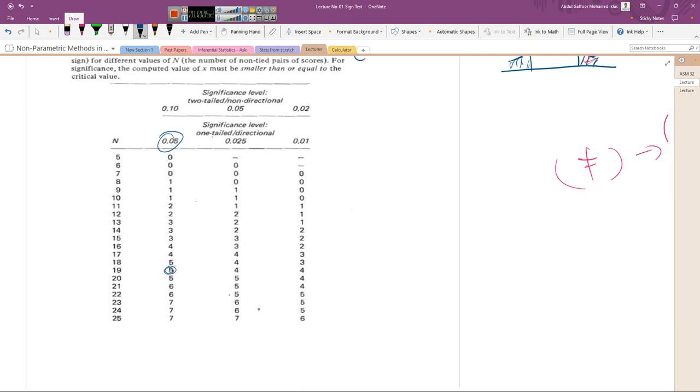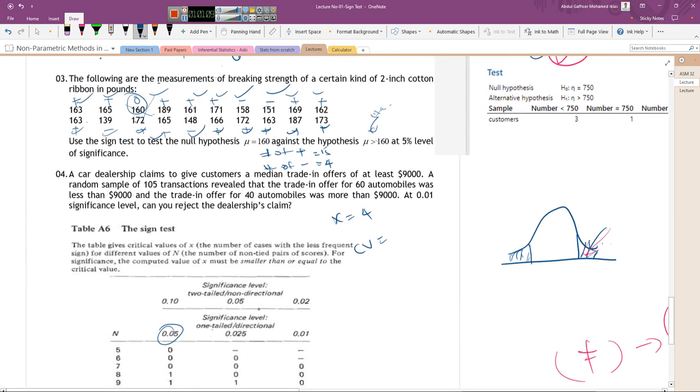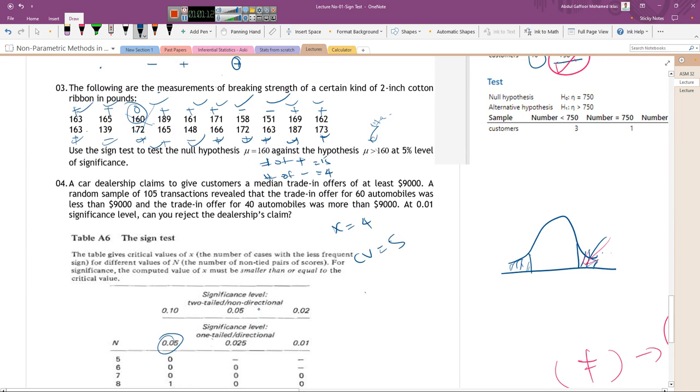Here the critical value is 5. If you consider 20 also, no worries, but if you have 16 data points and after modification you get 15, if you ignore the data values assigned 0, then it will be a problem, right? So since our x is less than the critical value, we will reject H naught. If we reject our H naught, we will claim that the mean is greater than 160.